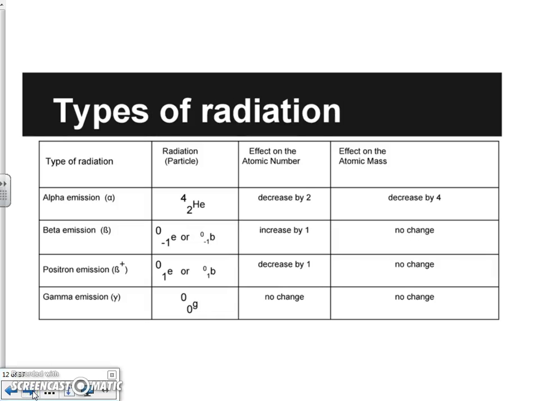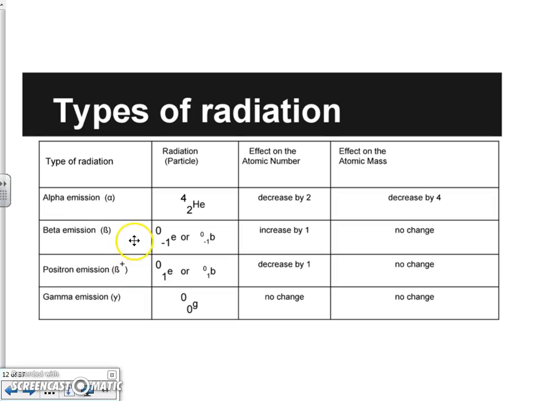There are different types of radiation you're going to see. Alpha, you're going to see written like helium: mass number 4 over atomic number 2, He. Beta is really a high energy electron, so it doesn't have a mass, but it does have a -1 charge, so it will end up increasing our atomic number.